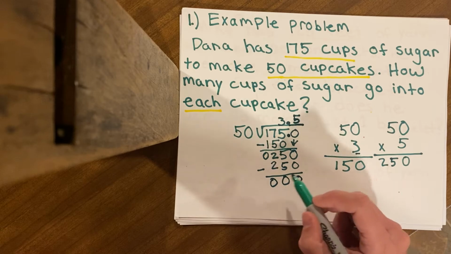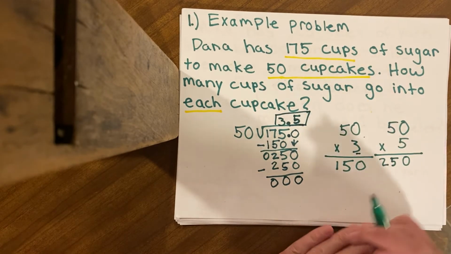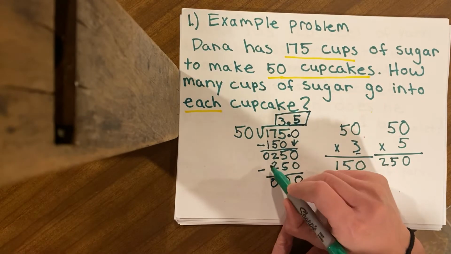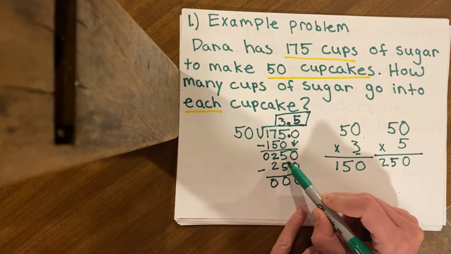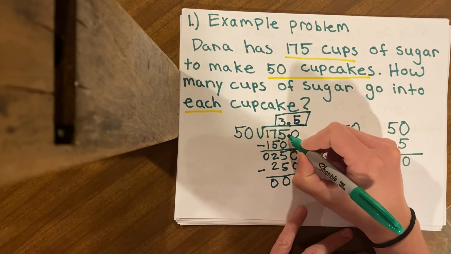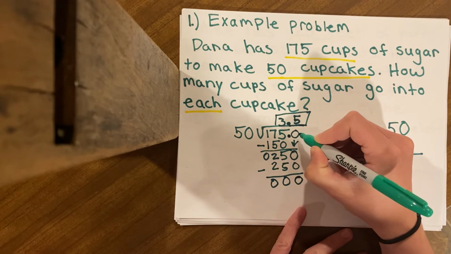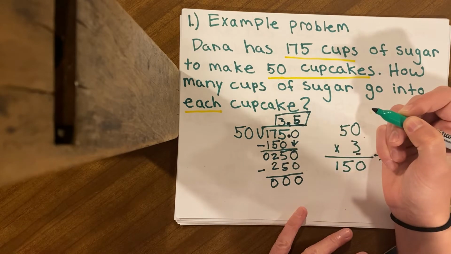So now that we zeroed out, our answer would be 3.5. Okay, so when you do this problem, don't forget, when you can't go any further, we knew that 50 could not go into 25. What we did was we added our decimal here so that we could add a 0. Don't forget then, we move our decimal straight up.